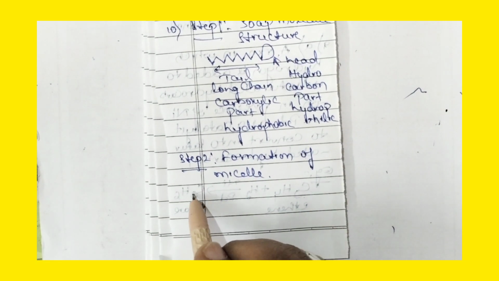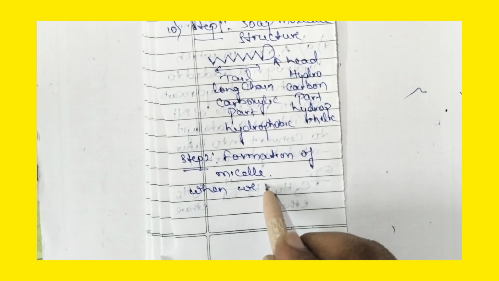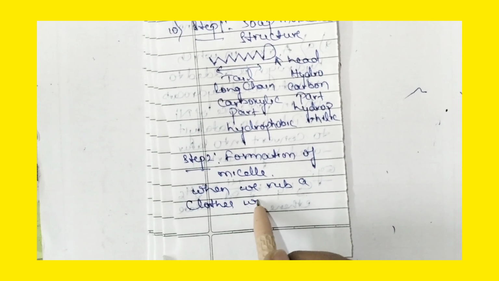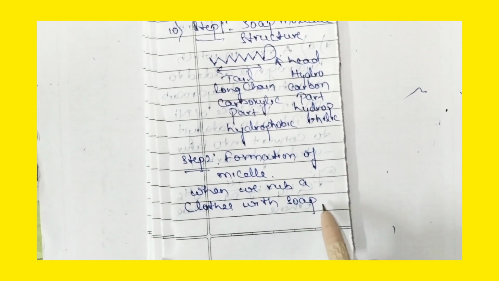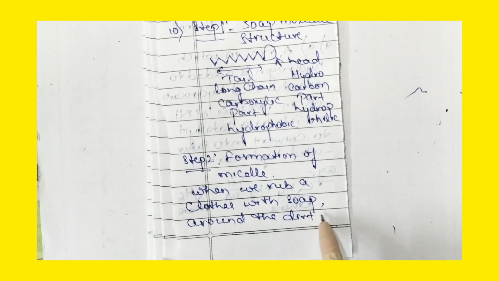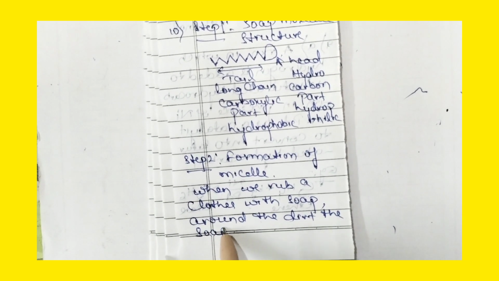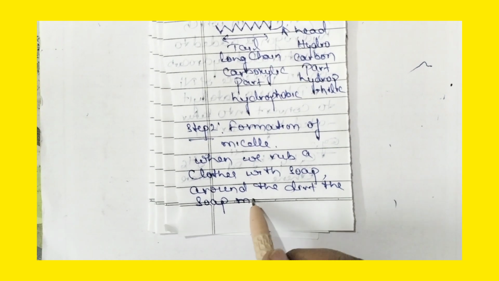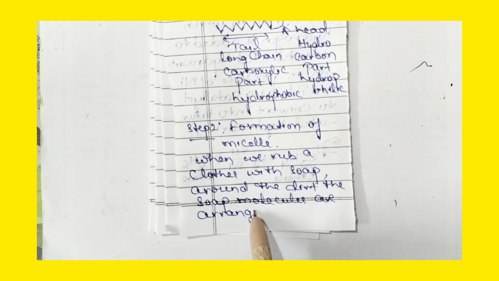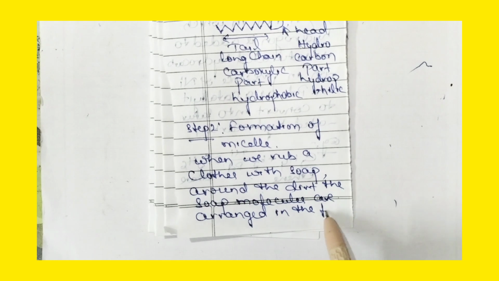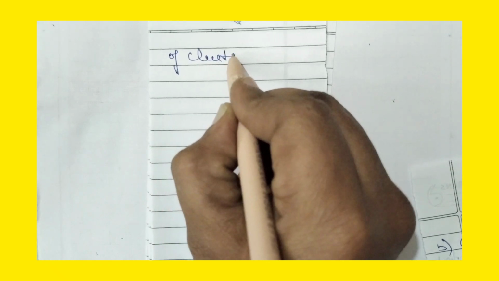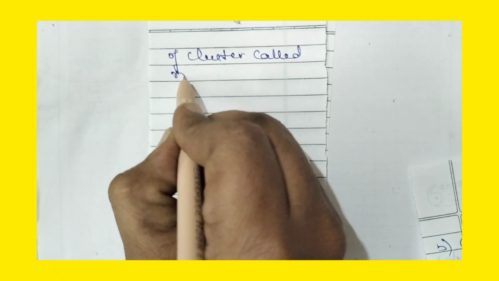When we rub clothes with soap around the dirt, the soap molecules are arranged in the form of a cluster called micelle.